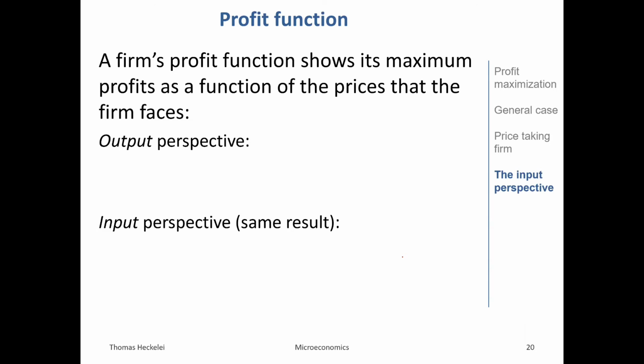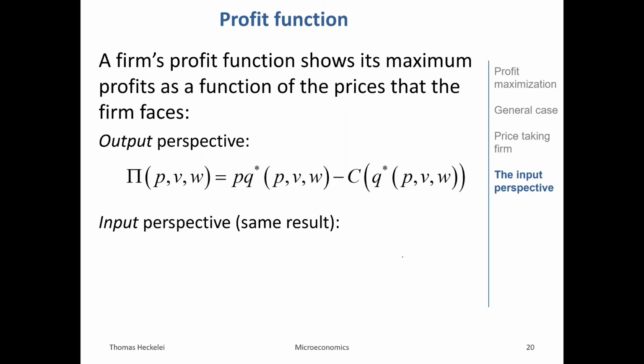So what is the objective function of this problem? The profit, right? And we also have seen from the output perspective. And in this case, from the input perspective, it's actually the same.